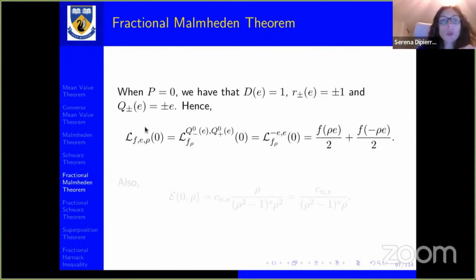So in this situation, this interpolating function here, which was by definition this object, now Q minus and Q plus are just minus e and plus e.